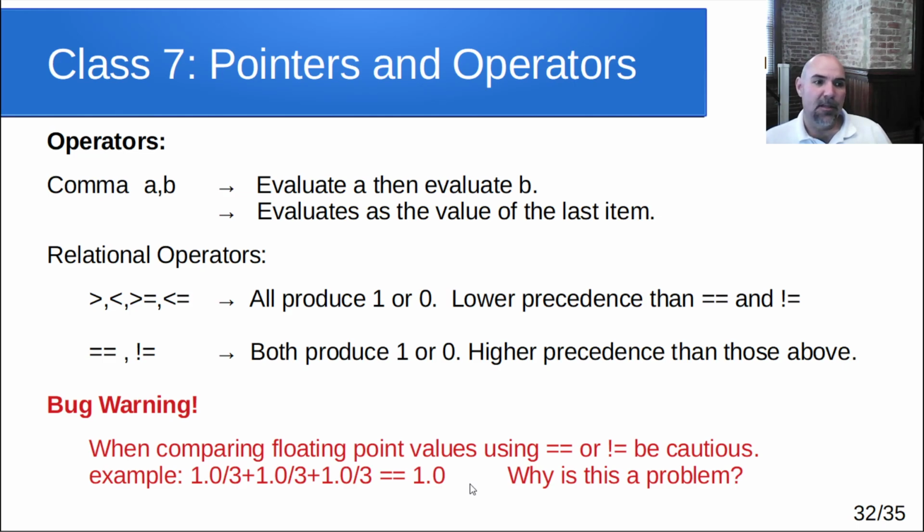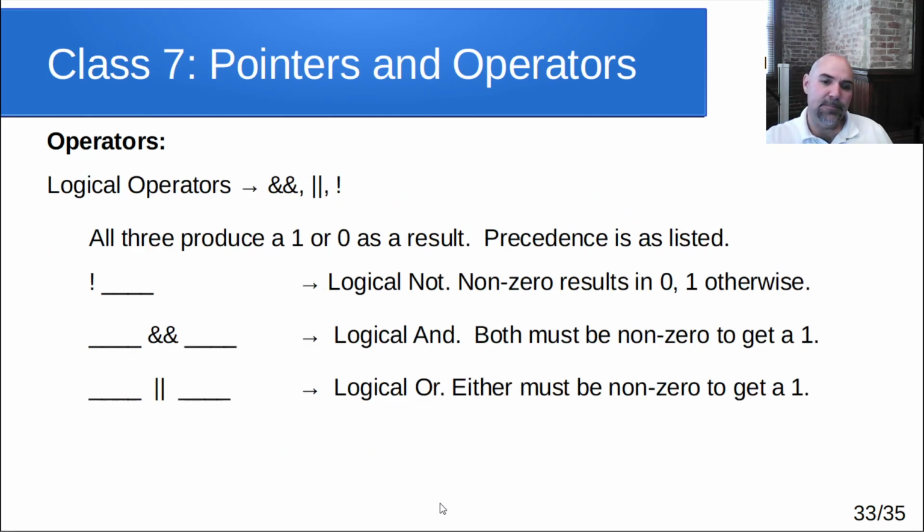So take the difference between that and the thing you're trying to compare it with and make sure the magnitude of that is below some tolerance. But doing a comparison like this can work if you're comparing exactly with 0, or some other values if you set it exactly to some value and then look at it later on, as long as it's representable. But just be really cautious when you're using double equal or not equal for comparing floating point values.